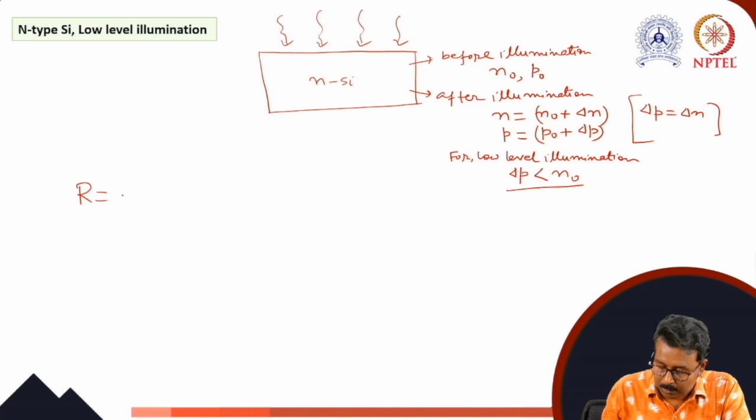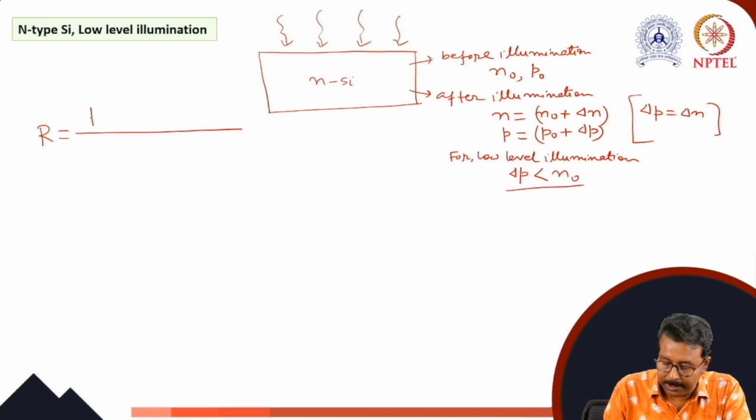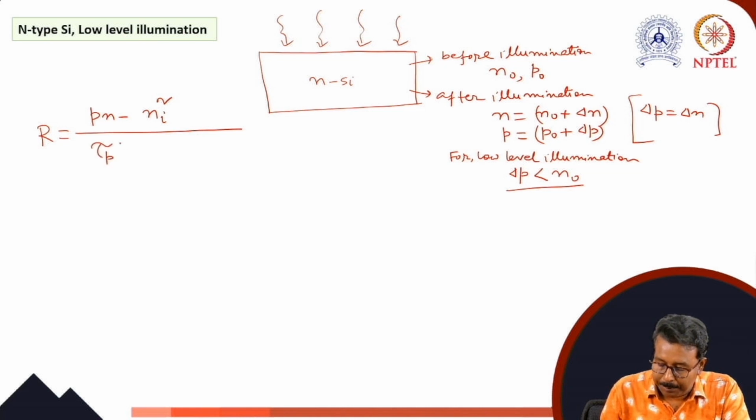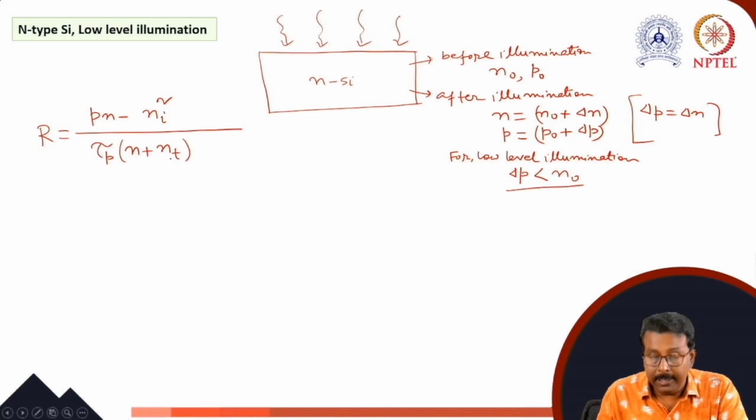The expression is R equal to Pn minus Ni square, divided by tau P into N plus Nt plus tau N into P plus Pt.